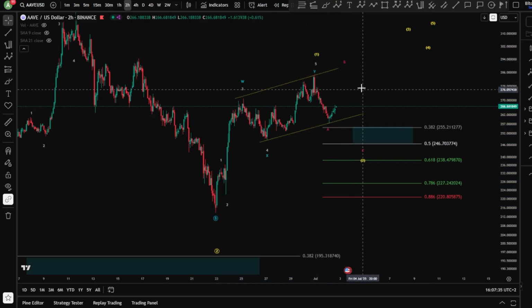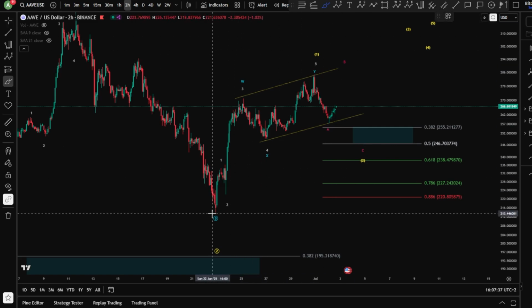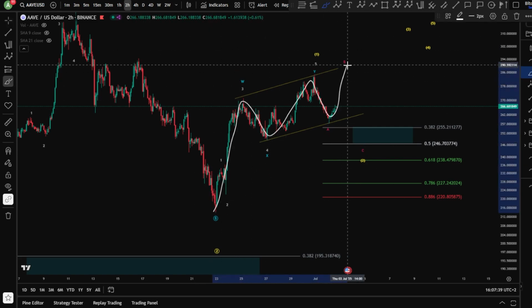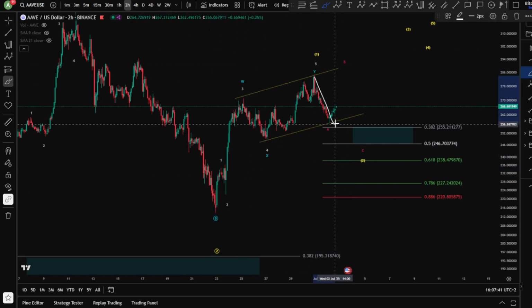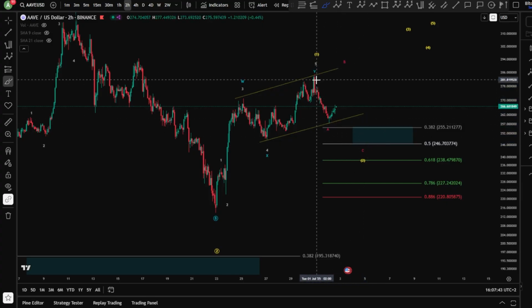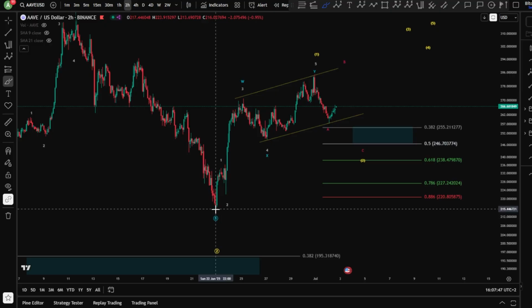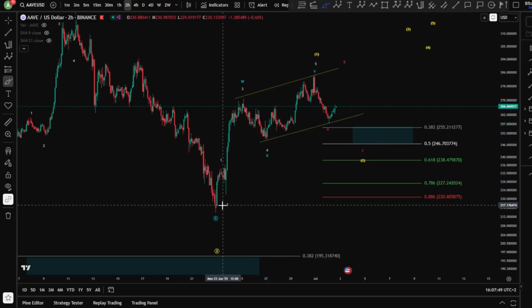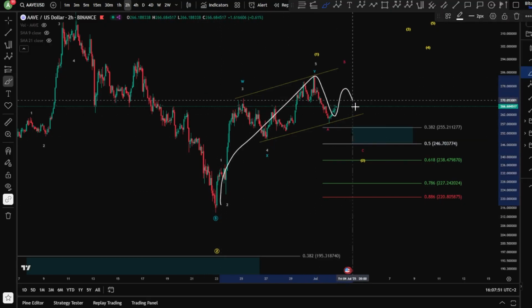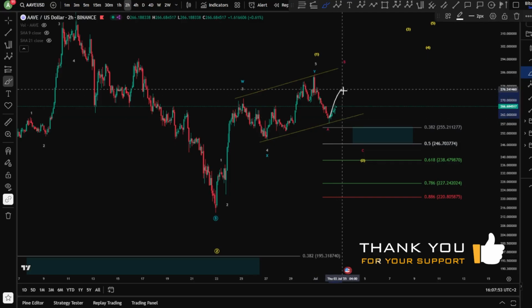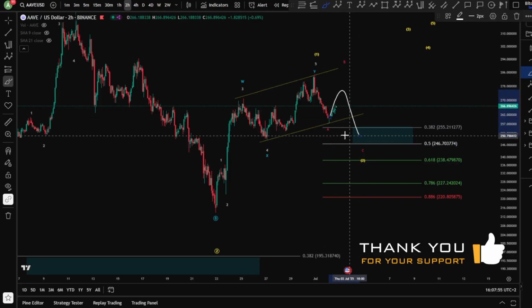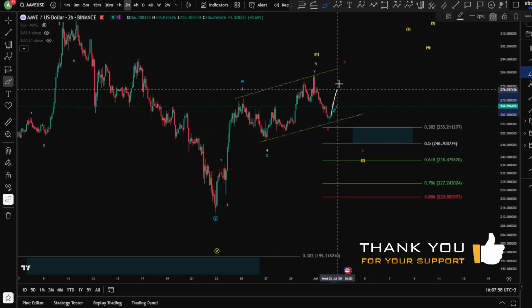Again, to repeat the possibilities: whether we have a diagonal 1 2 3 4 5, or an A, B, and C expanding flat, or even a normal flat without taking the high, or a wave 1 already finished here and you're seeking this wave 2. In this case, the scenario might unfold as an expanding flat or a normal flat for a wave 2.